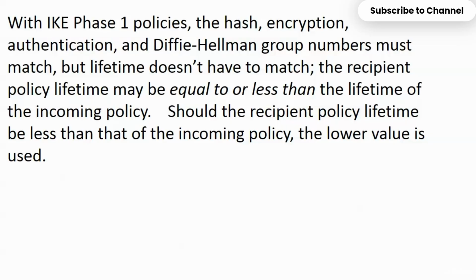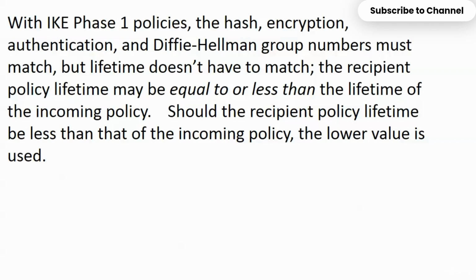So I'm hammering you over the head with this for a reason, and here's why. With IKE Phase 1 policies, the hash, the encryption, the authentication, the Diffie-Hellman group, they have to match. They have to be an exact match. But lifetime does not have to match. What it has to do, though, is this. The recipient policy lifetime may be equal to or less than the lifetime of the incoming policy.